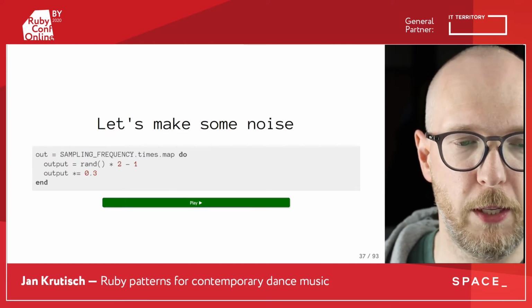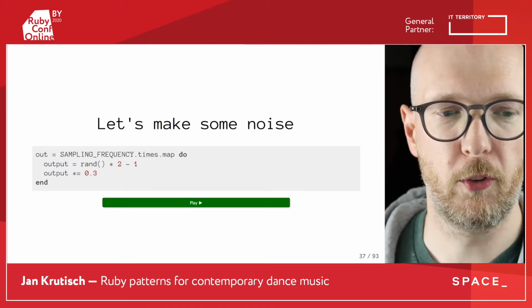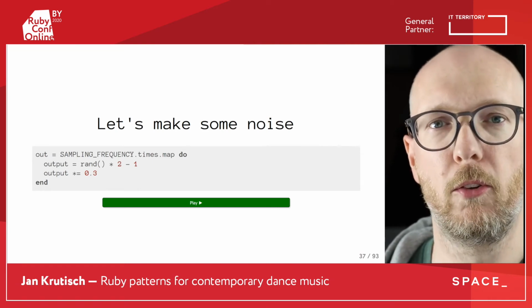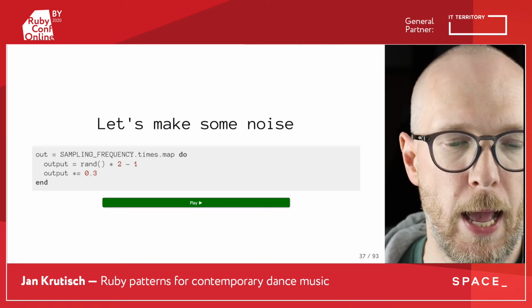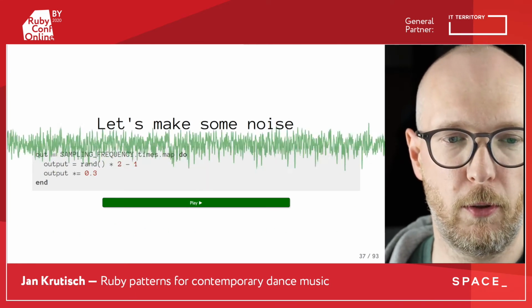To display this a little bit better, I'm not going to use the square wave, I'm going to use noise. As you can see, it's just rand and then putting it into the right value range. If you do that, you end up with something that sounds like white noise.